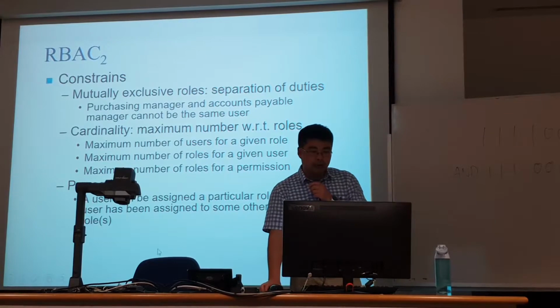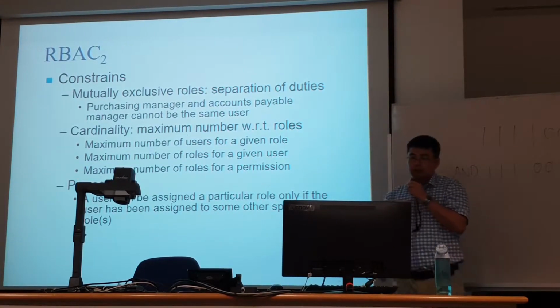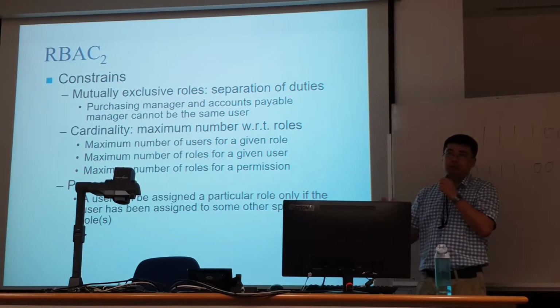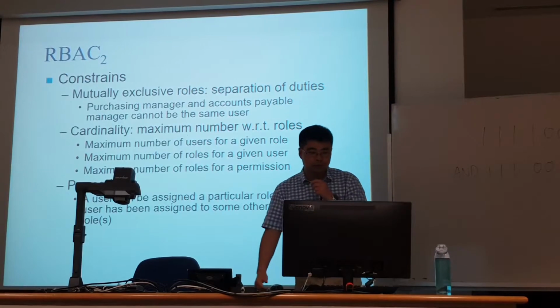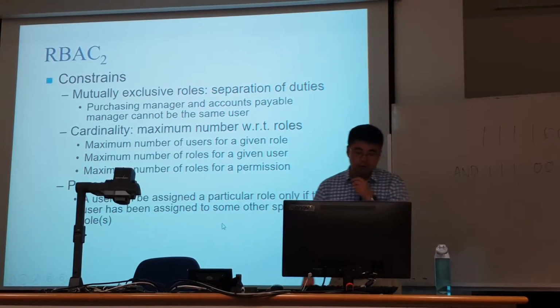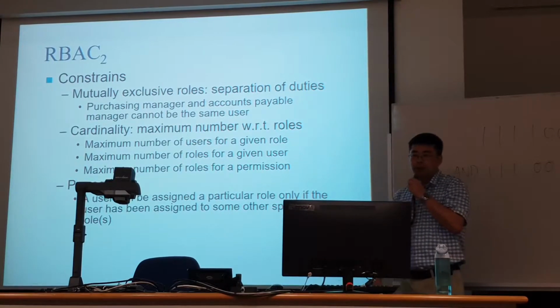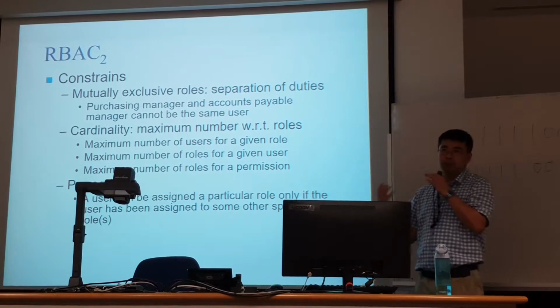And then the cardinality, we can specify the maximum number of roles that can be assigned to a user, or the maximum number of users that can be assigned to a particular role, and so on, right? And the prerequisite is another possible constraint. For example, a user can be assigned a role only when it has some other roles.